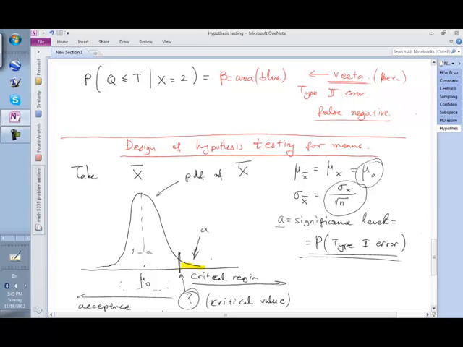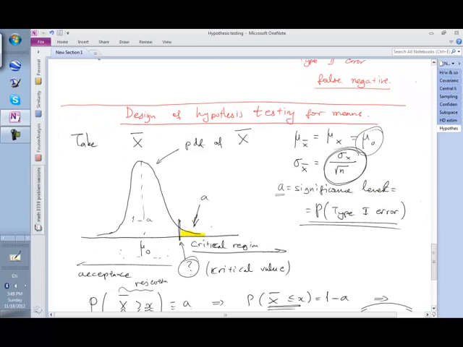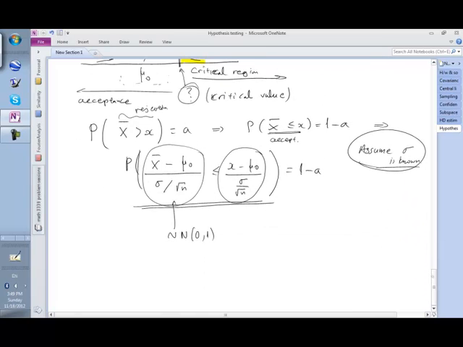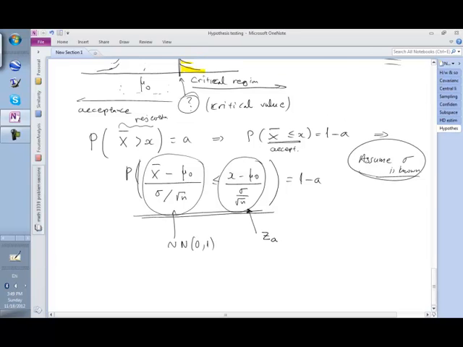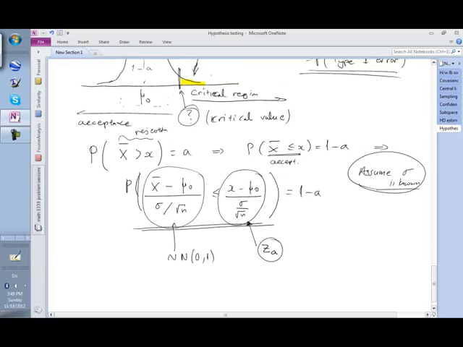This mean and this standard deviation. So now I found the value that I want. This value should be equal to z sub a. This is the a-th quantile of the standard normal distribution.